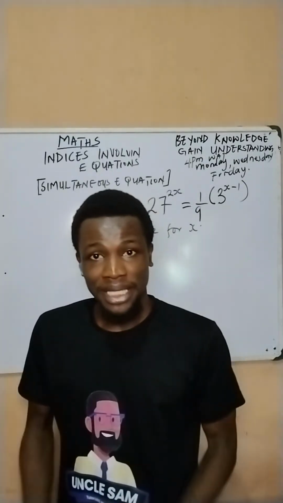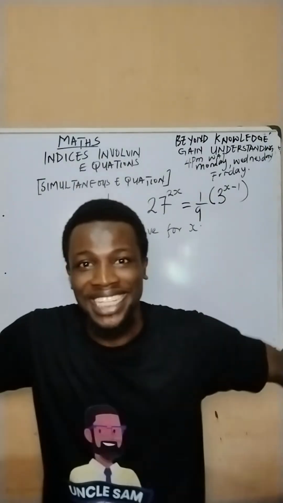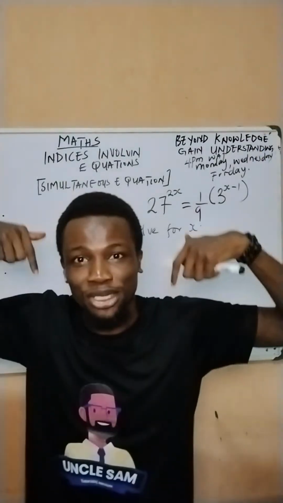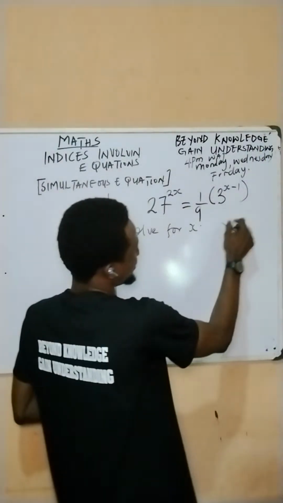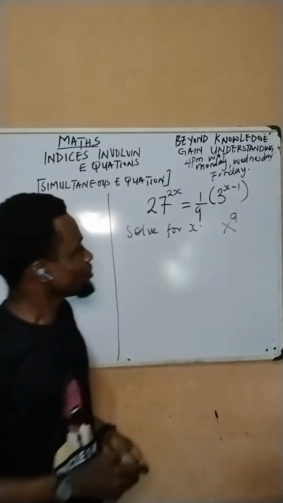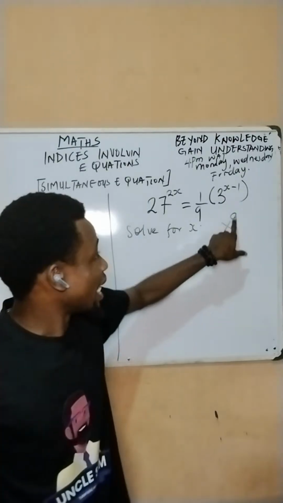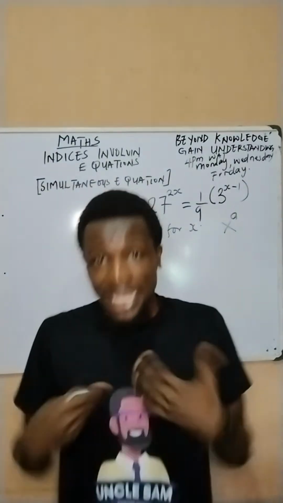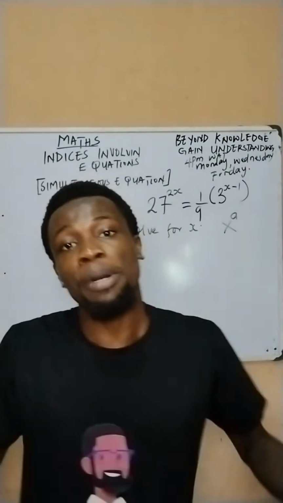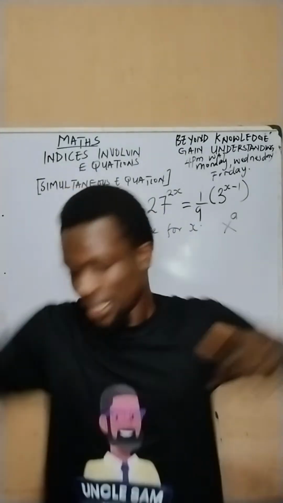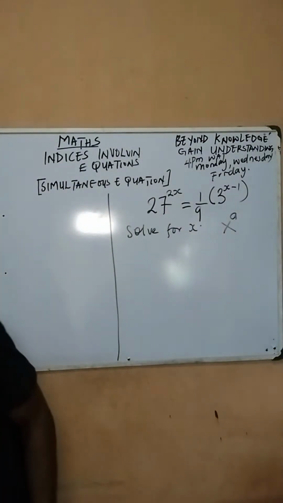There must be a base that will hold on to the power. It's more like a giant, and the power is hanging on top of the giant. For example, if you have x raised to the power of a, the x here is serving as the base, and a here is serving as the power. So there must be a base so that the power can come out and show itself. That's the basic idea.